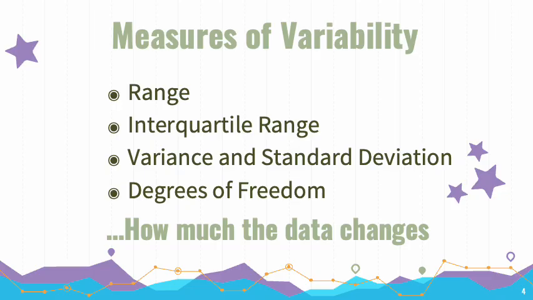There are multiple ways of computing and presenting variability. In this lecture, we will focus on the four measures of variability that you will most likely see in scholarly work: the range, the interquartile range, variance and standard deviation, and finally, degrees of freedom.